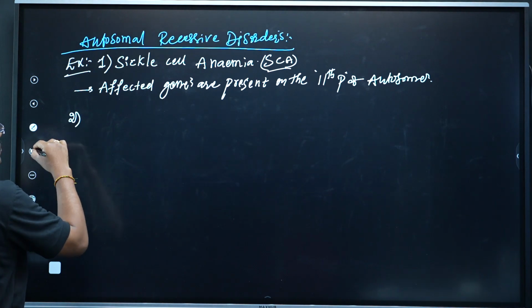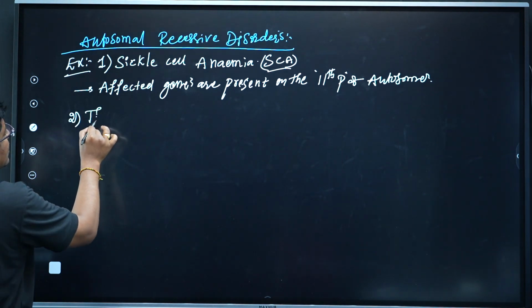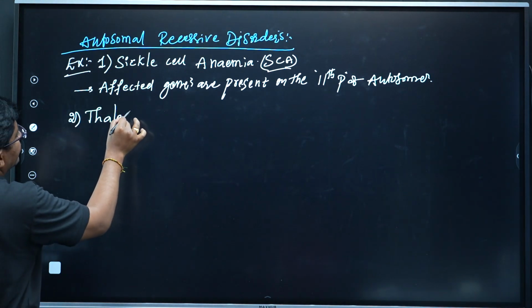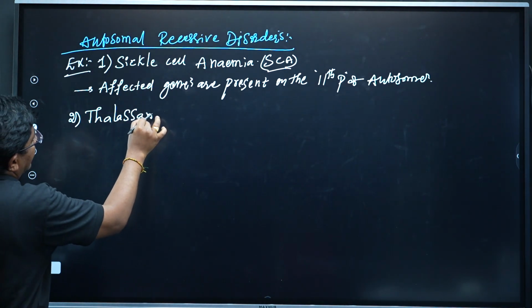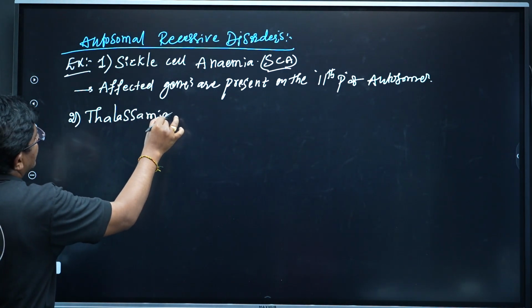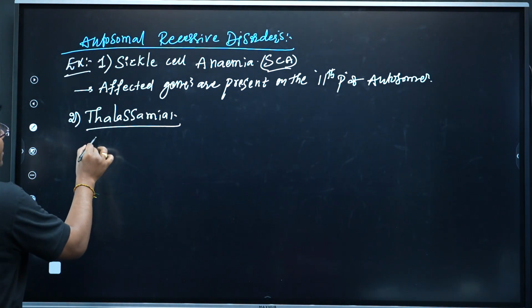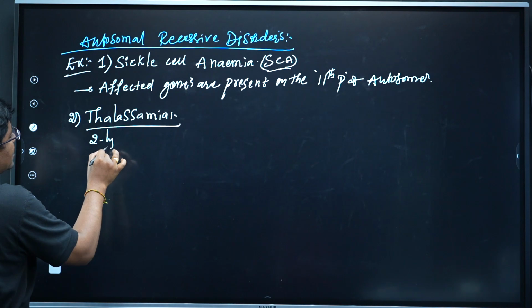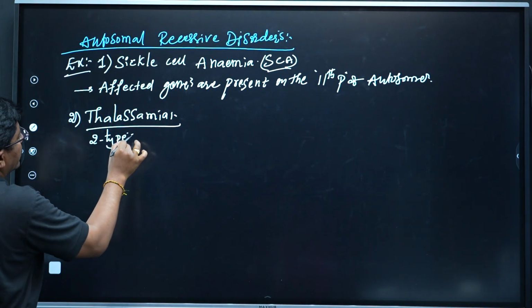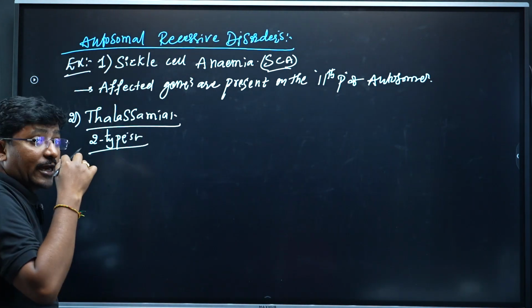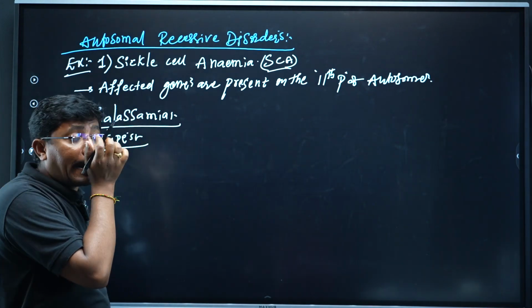Next, one more disease, that is thalassemia. It is one autosomal recessive disorder. Again, two types of thalassemia disorders are there. I'll give the detailed explanation; first, I'll write the names only.